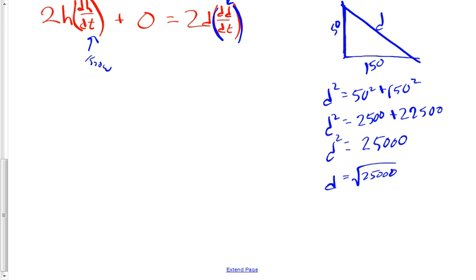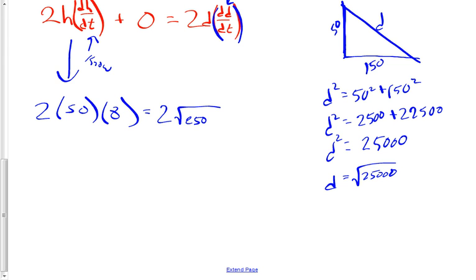So at this point, we're going to substitute everything in. So I'm going to just go down here. 2 times 50 times 8 plus 0. I'm not going to write the plus 0, guys. I hope you're okay with that. 2 times 50 times 8 equals 2 times the square root of 25,000 times dD/dt.